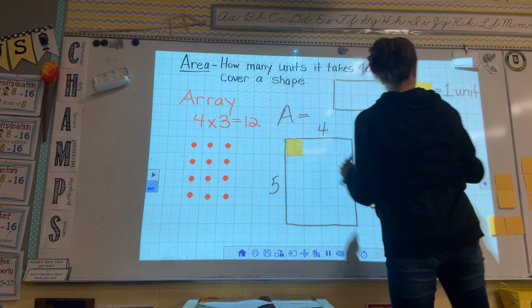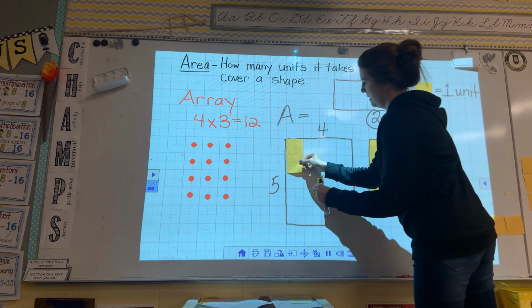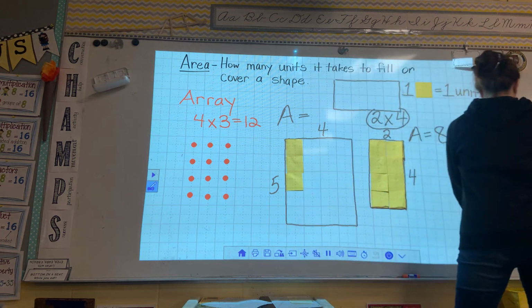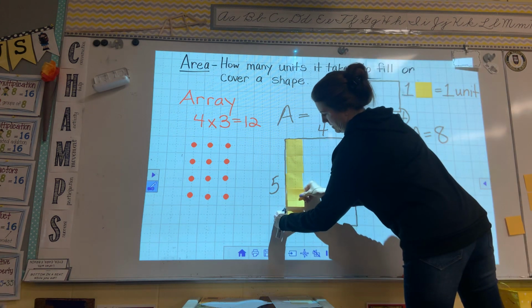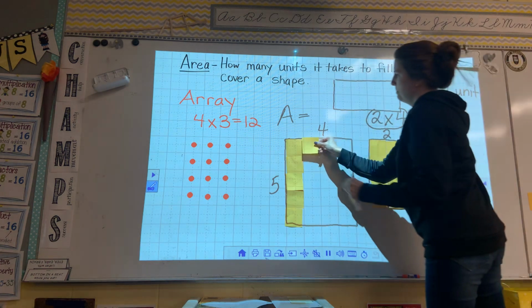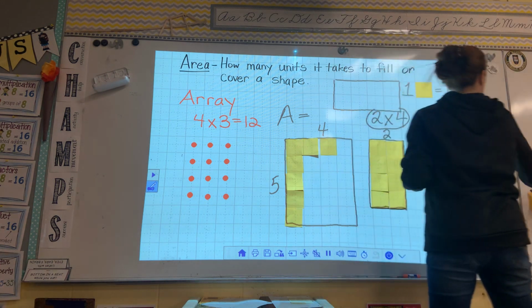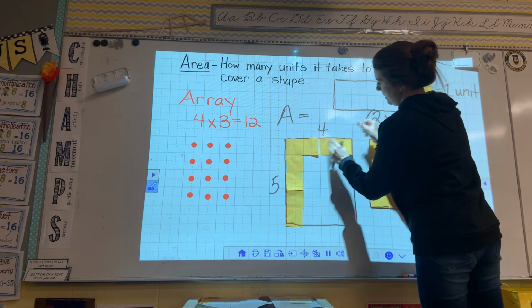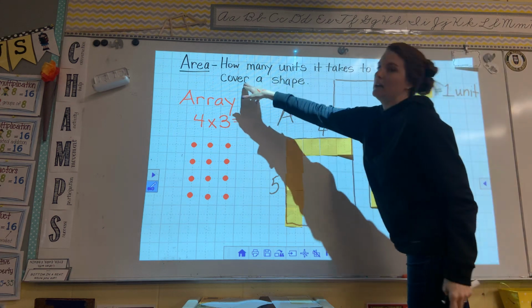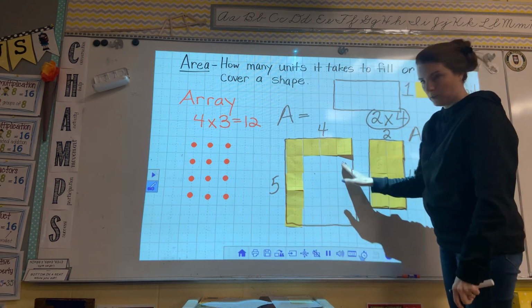It would be like saying, okay, we've got 5 units, by 4 units. And remember that we're trying to fill or cover our shape. Is our shape filled or covered?